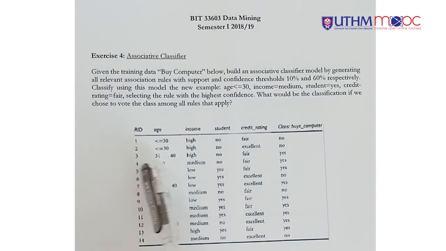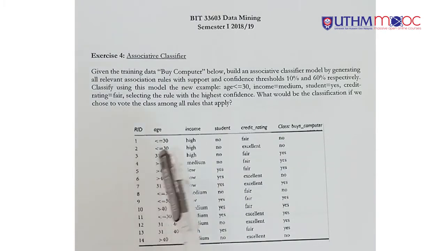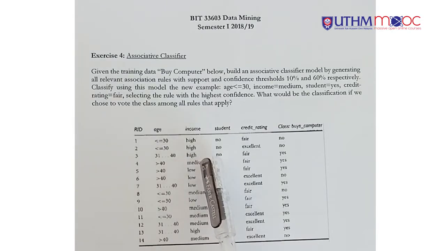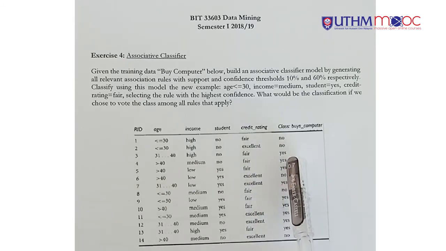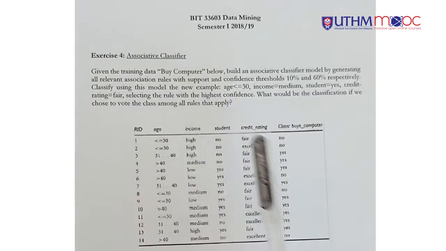In another example, if a person has the age between 31 to 40 with very high income, not a student, but still with fair credit rating, most likely he will buy a computer. This example is available in many of the books.